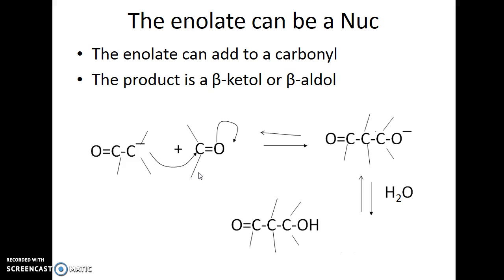Once it attacks, you've got this negative charge on the oxygen that, if water is around or anything that's protic, it can protonate, and then we have what we call a ketol or an aldol. If this were an aldehyde here, we would call it an aldol. If it's a ketone here, we call it a ketol.